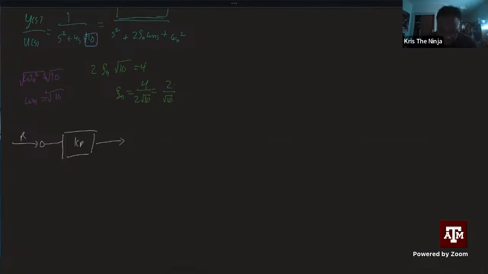And then we got 1 over s squared plus 4s plus 10. That goes out to a Y, and that loops back to here.